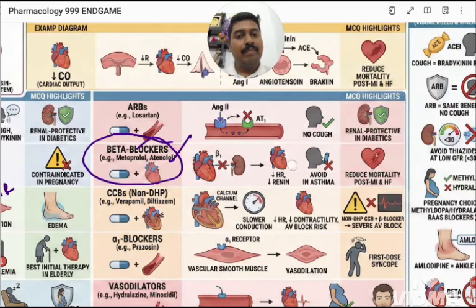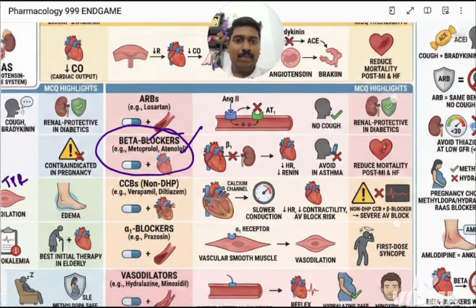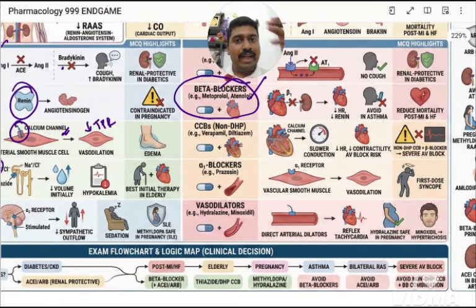As a result, non-selective beta blockers are contraindicated in asthma, because they can precipitate bronchoconstriction. It also reduces mortality post MI and post heart failure. I told you how, because it will decrease overall sympathetic activity of the body.